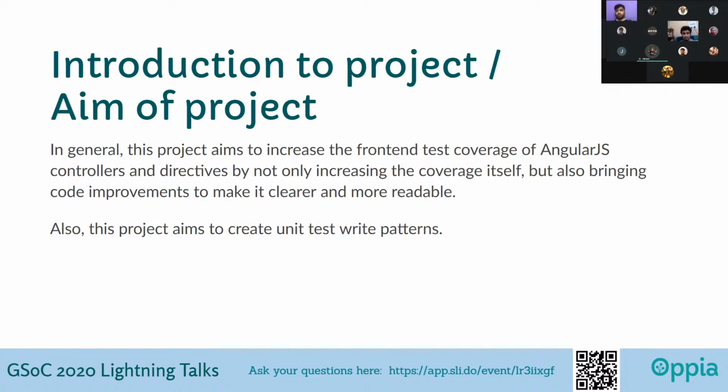So the goal of this project is to test the controllers and directives because before Google Summer of Code, we didn't have examples of these files in the project. But it's not only about increasing the coverage of the controllers and directives, but also bringing code improvements to make the code clearer and more readable.